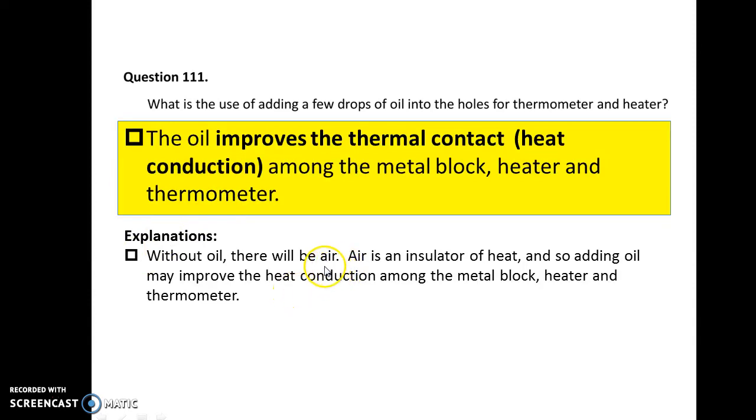Otherwise, there would be air between them, so that the heat conduction between the metal block and the heater and the thermometer would not be very good. In other words, the heat from the heater cannot conduct to the metal block, and the heat of the metal block cannot conduct to the thermometer. There will be larger heat loss, and the experiment would not be accurate.